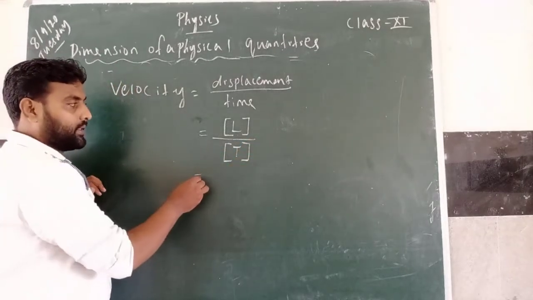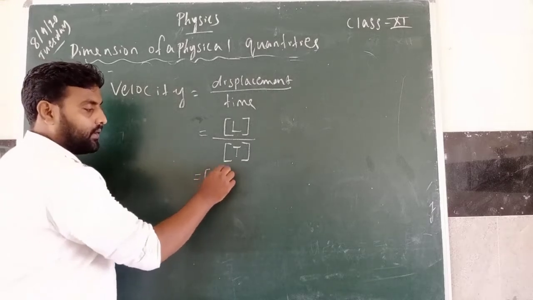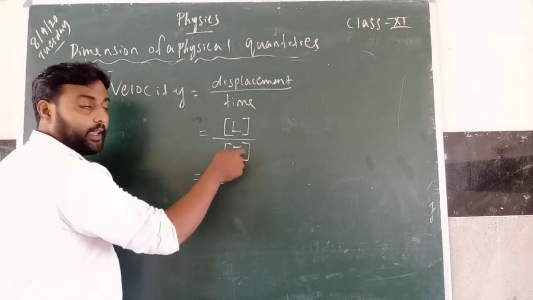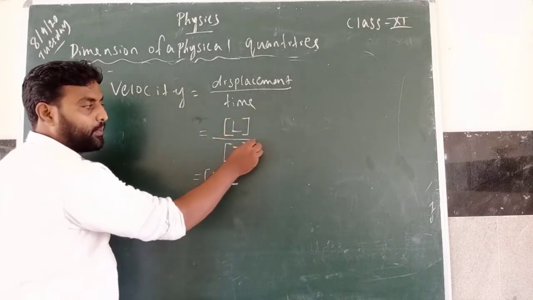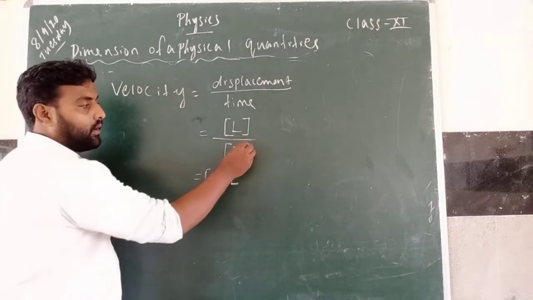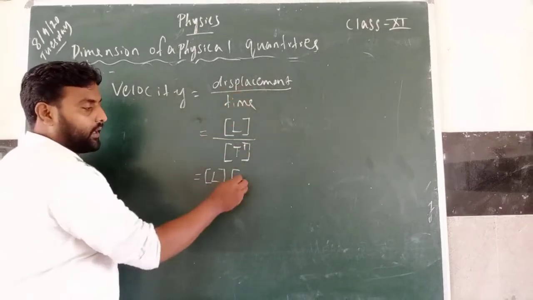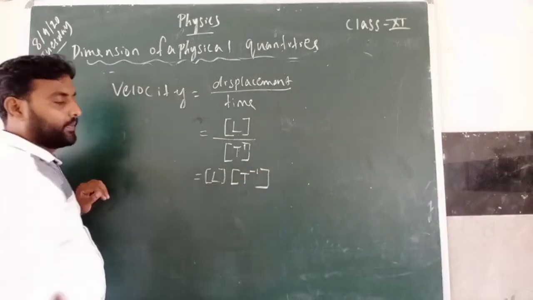So now next step, L, this T you can take upside down. So here T power 1, when it comes upside down, it will change to T power -1.